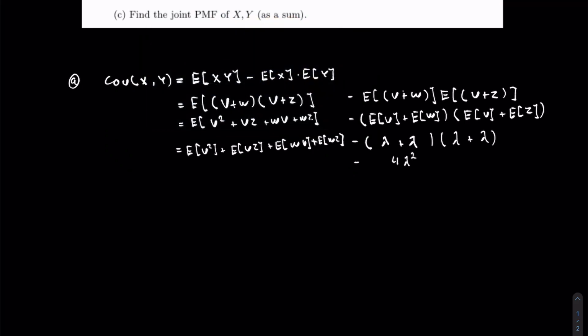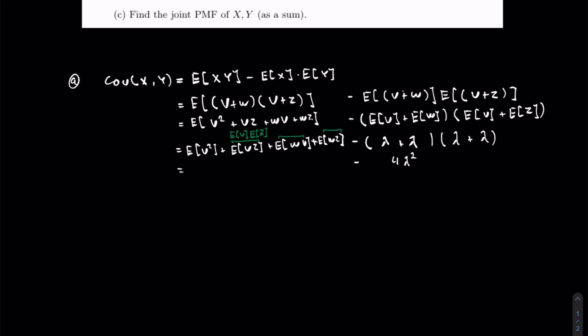We know that these terms, v and z, w and v, w and z, are independent. So we can pull out the expectations: expectation of v, expectation of z, and the same here and here.